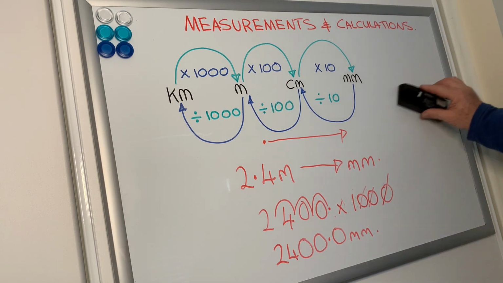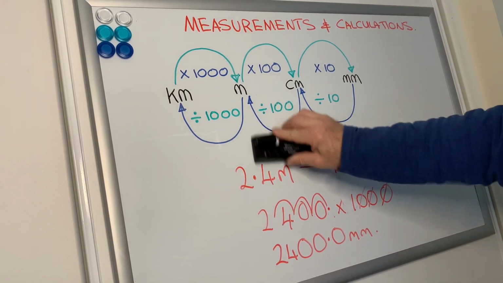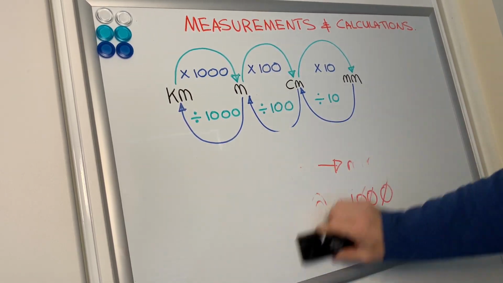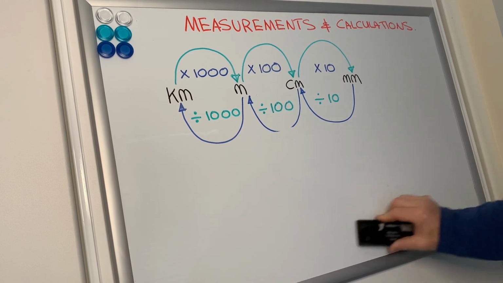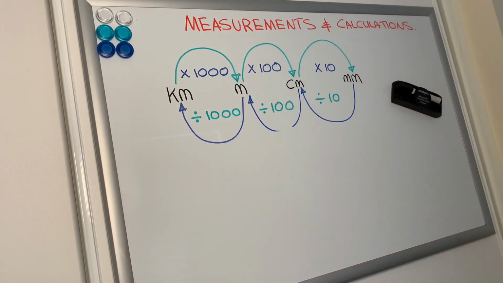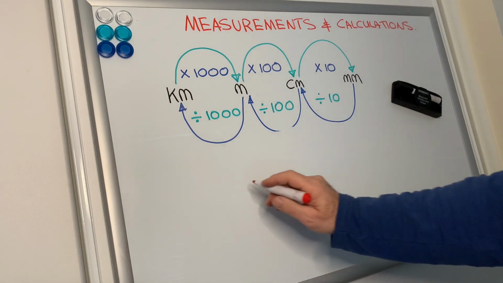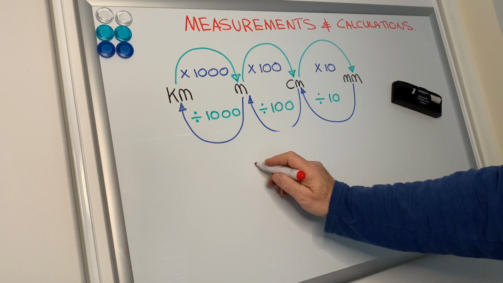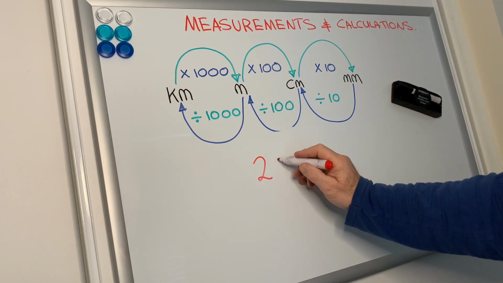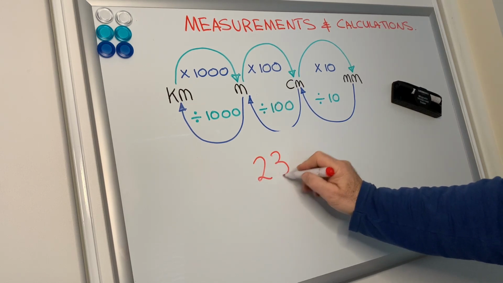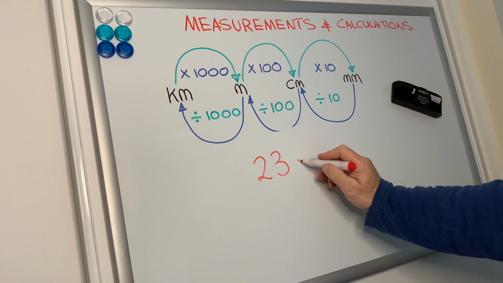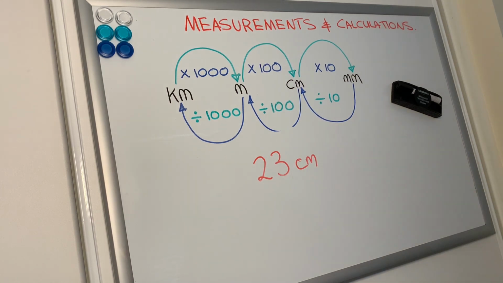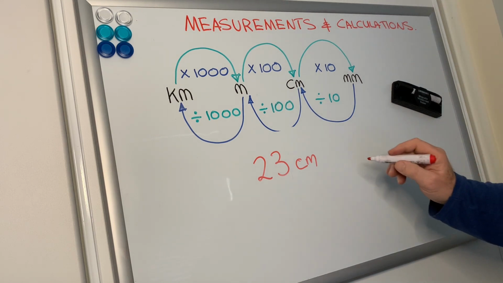Let's say we had 23 centimeters, and we wanted to convert that into meters.